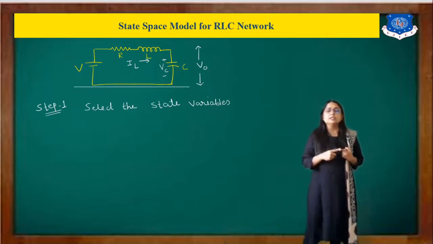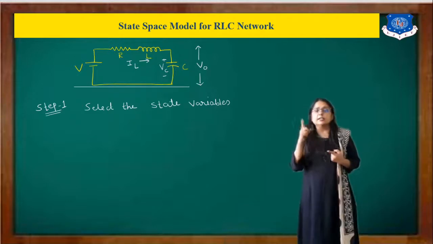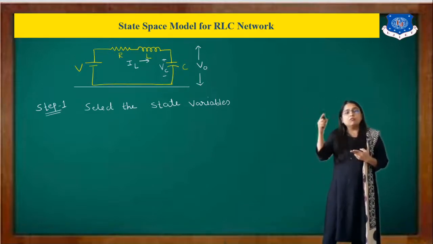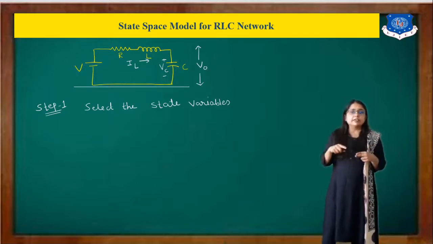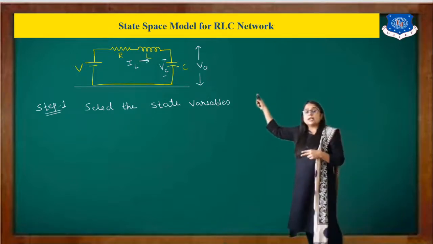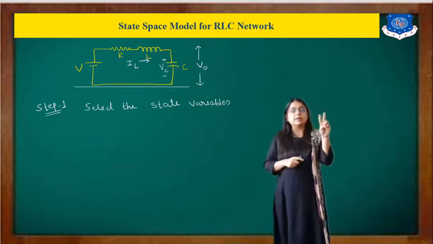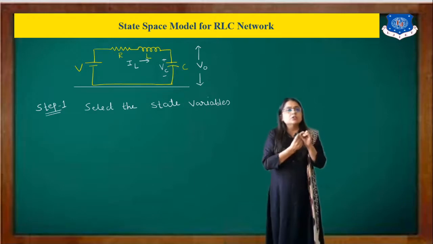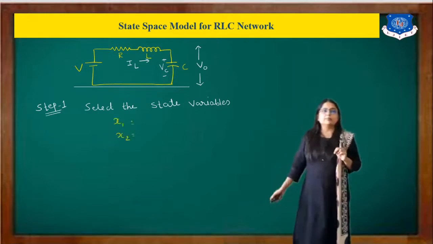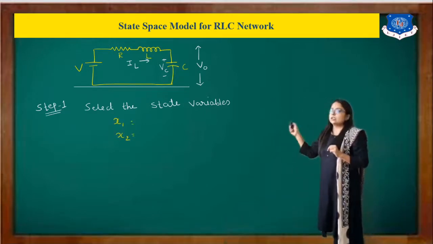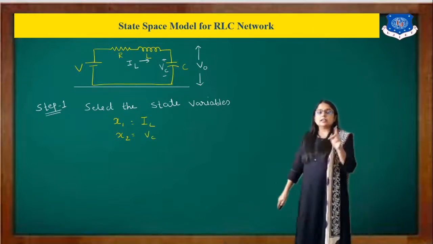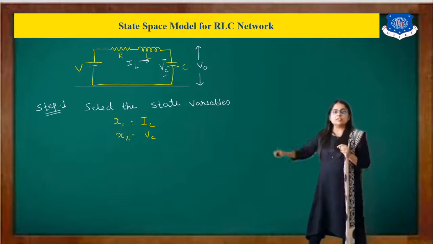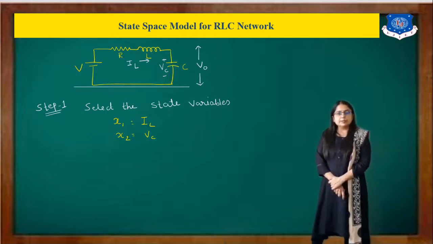If you have an inductor, you take the inductor current as one state variable, and if you have a capacitor, you take the voltage across the capacitor as the second variable. In this series RLC circuit, I have two energy storage elements, one inductor and one capacitor. So I'll take two variables, x1 and x2. The inductor current IL becomes one state variable and the capacitor voltage becomes the second variable.